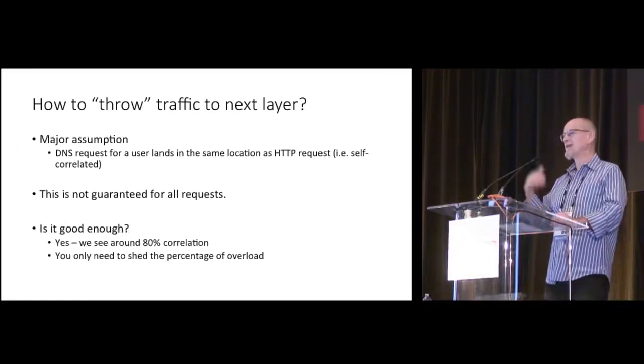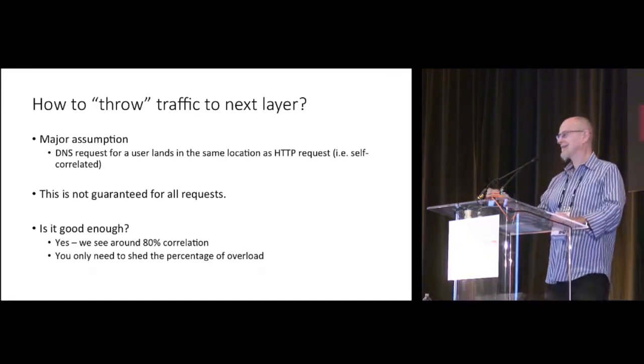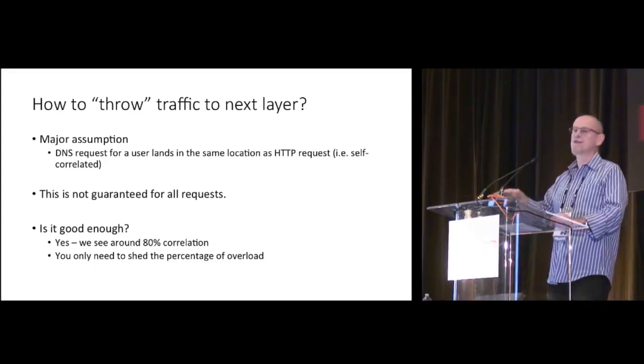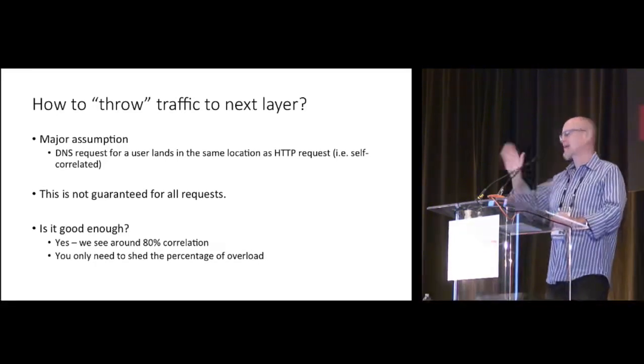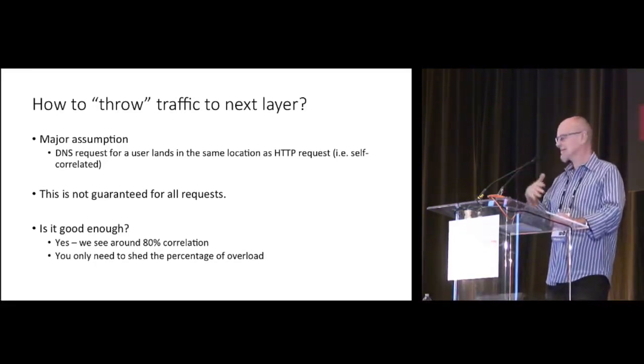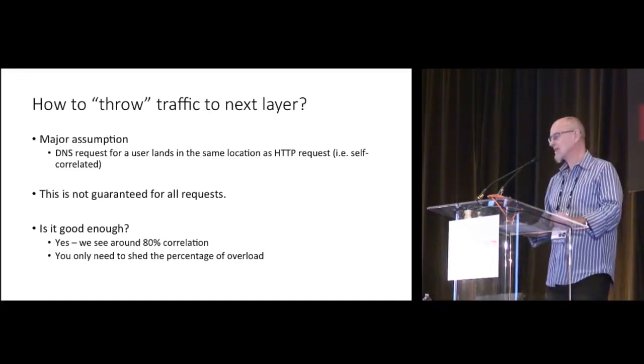So if you're overloaded 10%, you can shed it. If you have 80% correlation, you can shed 80% of traffic. There's just 20% somebody else is giving out the DNS answer for, and you're getting that traffic. So this has been sufficient in the real world. And if you get a super huge spike that's just killing you because it's Anycast, you just pull the node out of the way and let it go somewhere else.